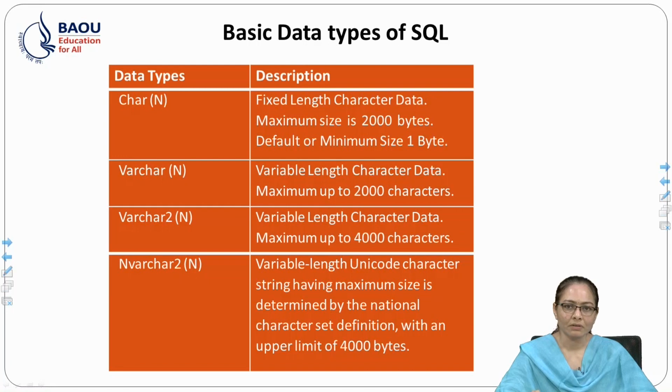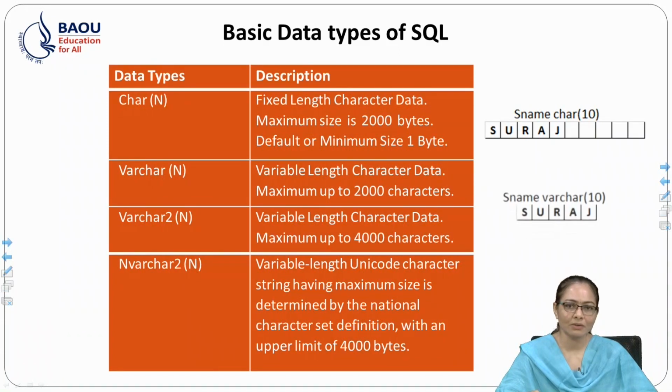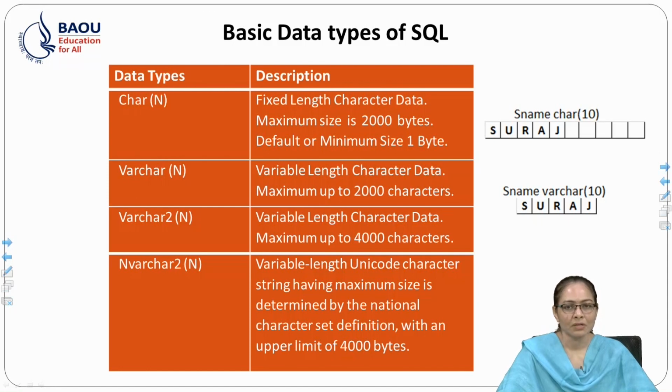Now first of all, what is fixed size and variable size? For example, the student name column has the size CHAR(10). If we store a 5-character name like Suraj in CHAR(10), then in the CHAR data type the remaining 5 character space is not free, but it allocates blank space in the memory.